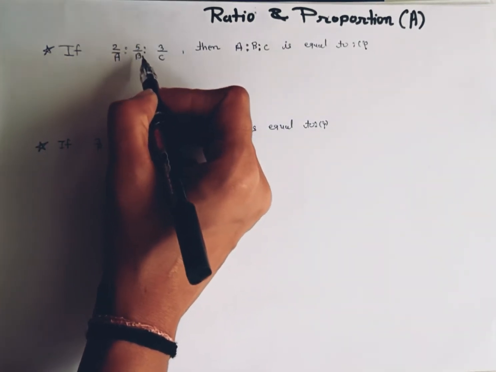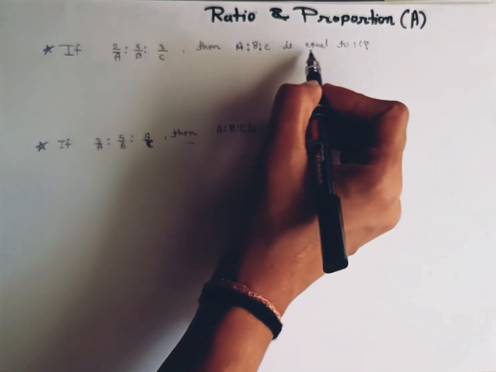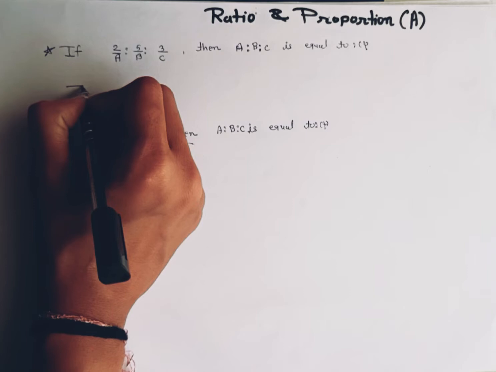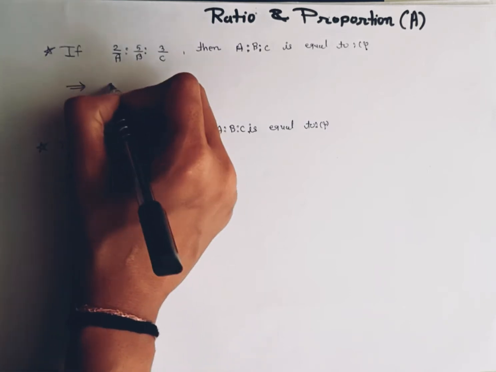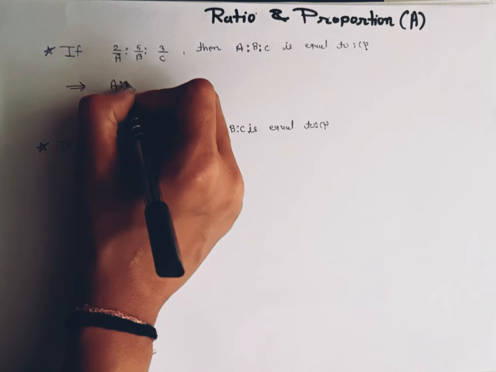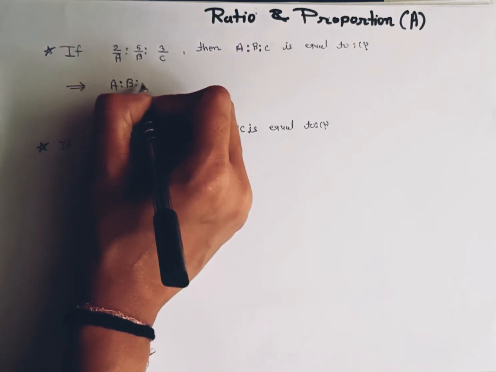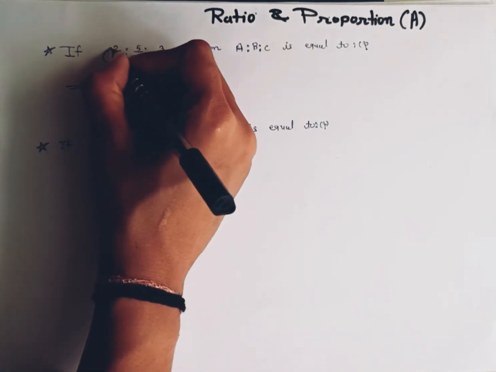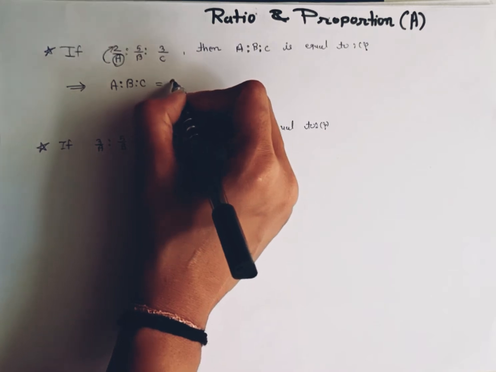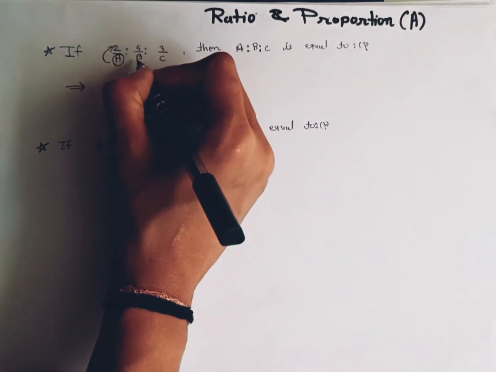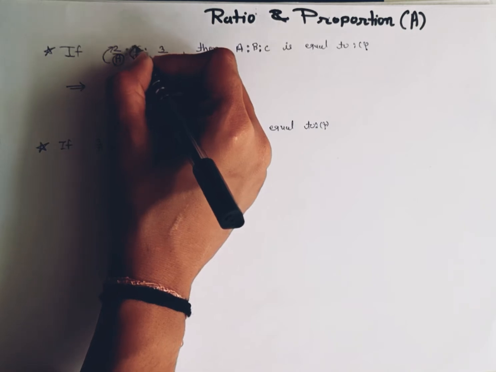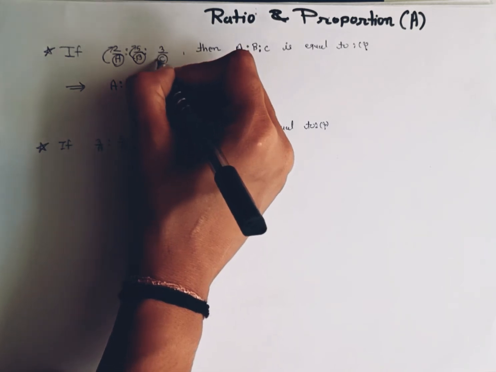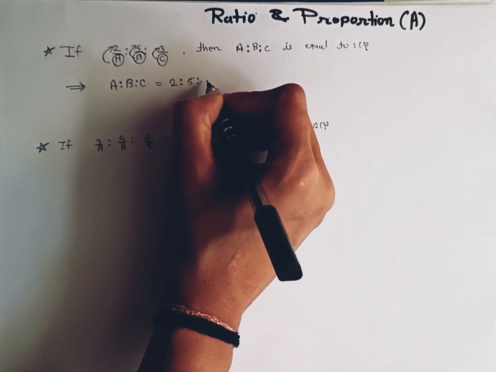If 2/A : 5/B : 3/C = 2 : 5 : 3, then A : B : C is equal to what? So the answer is A : B : C is equal to 2/A, so A is equal to 2. 5/B, so B is equal to 5. 3/C, so C is equal to 3.